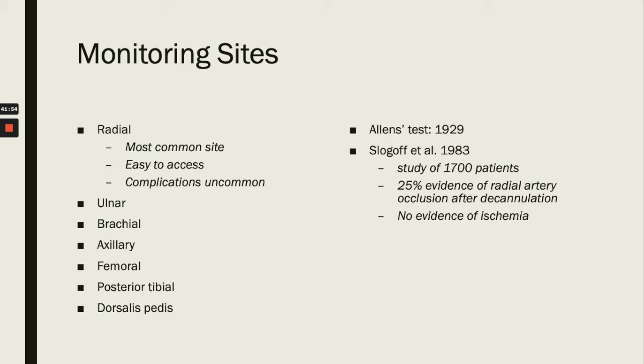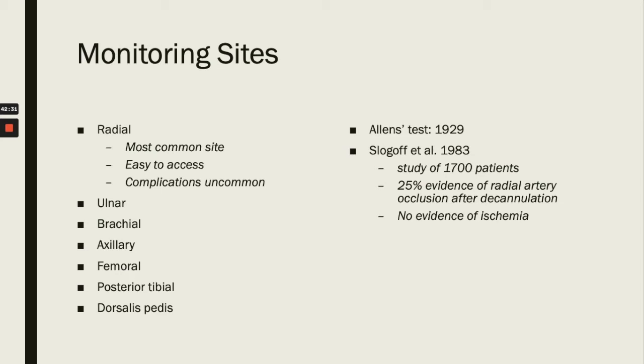So an Allen's test was invented in 1929, and we'll talk about the Allen's test on the next slide. Basically, that's a test we do prior to inserting the arterial line. And then there was a research study done by Slogoff in 1983. It consisted of 1,700 patients, and in those 1,700 patients, only about a quarter showed radial artery occlusion after the cannulation, but there was no evidence of ischemia.